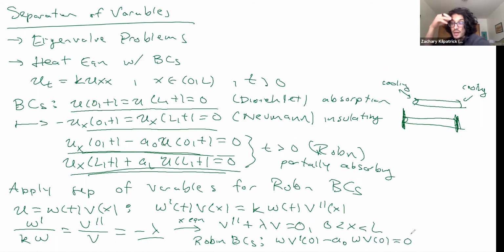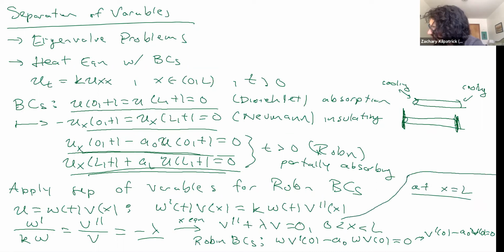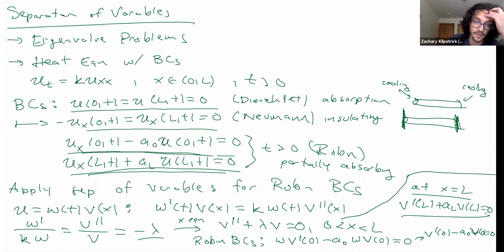I can divide out by the W, assuming that it's not 0, and I just get V'(0) minus a_0 V(0) is equal to 0. I would get a similar equation for L. So at x equals L, I have V'(L) plus a_L V(L) is equal to 0. Don't worry, I'll write it all on the next page.